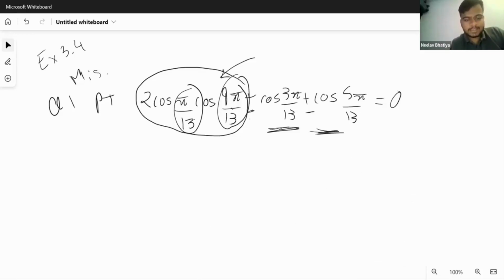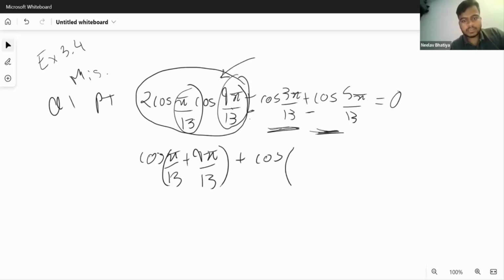So in essence, this term then becomes cos (pi by 13 plus 9 pi by 13) plus cos (9 pi by 13 minus pi by 13).